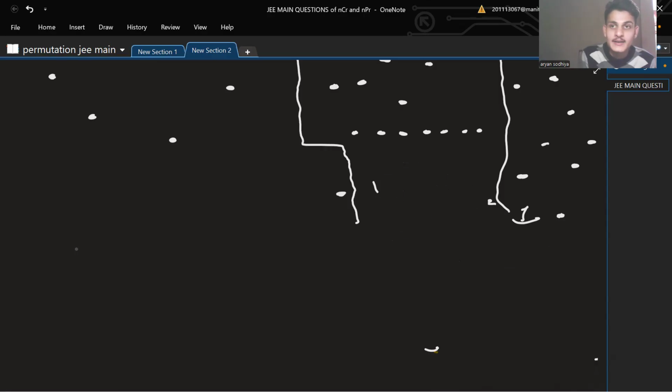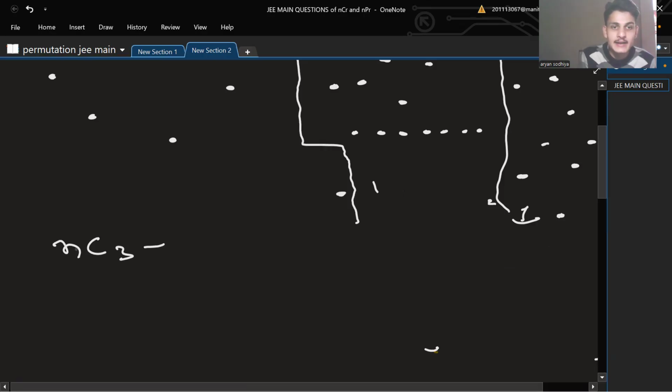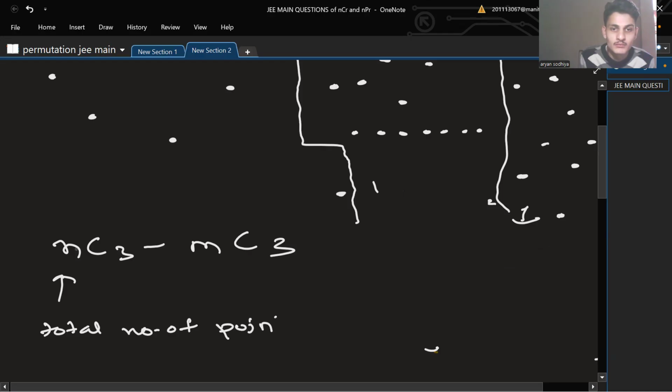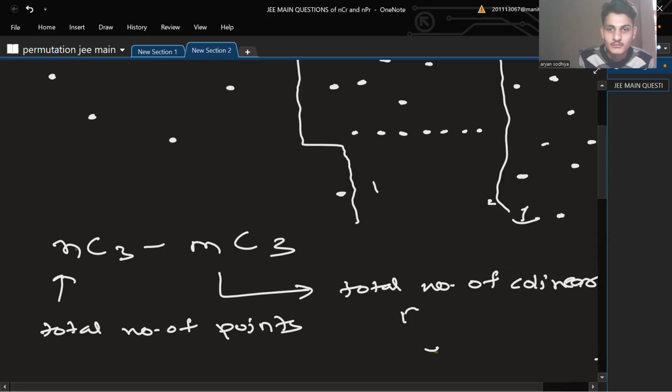Okay, so the formula is nC3 minus mC3. That's it. So n is the total number of points, and m is the total number of collinear points.